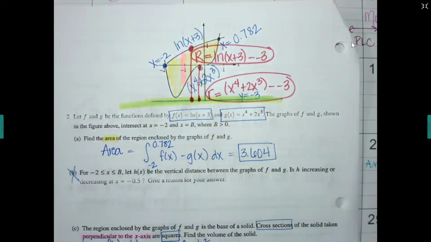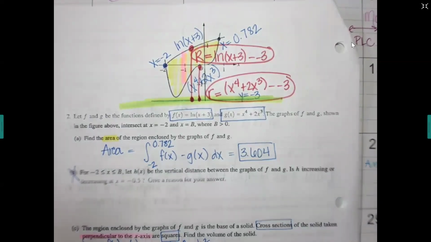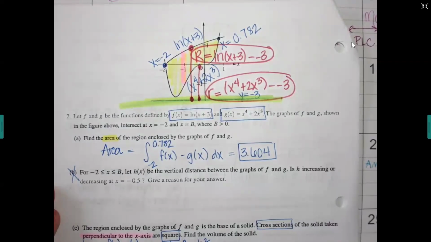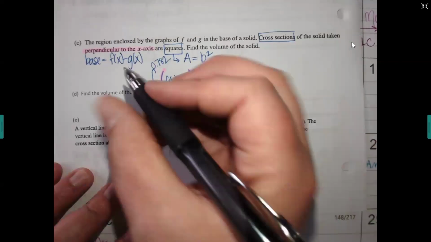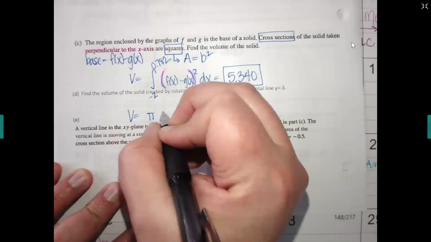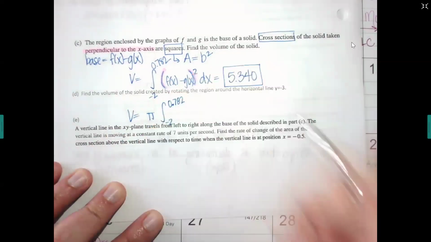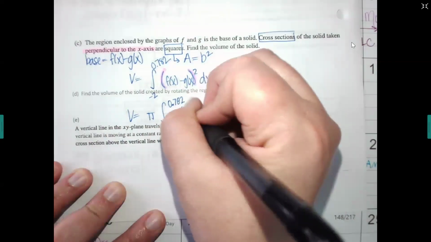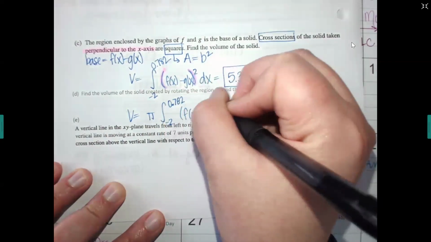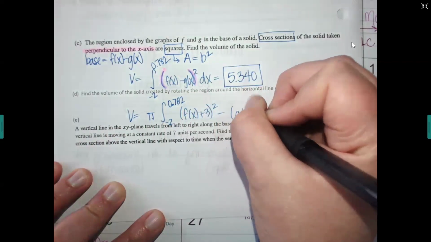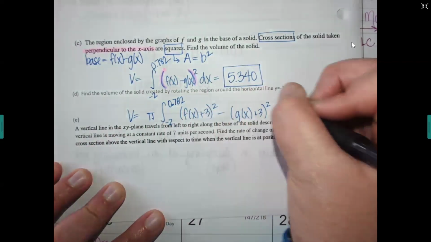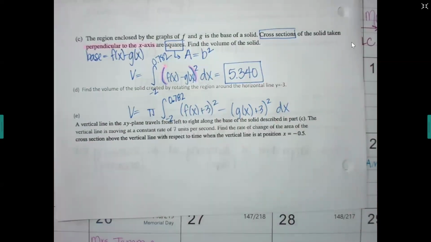Okay, then go ahead and set up your volume equation in part D. Will this one have a pi? Yes, because you're revolving. So it'll be volume equals pi in the front, from -2 to 0.782. And then big R is f of x plus 3 minus little r is g of x plus 3. Okay, remember they should both be grouped on their own with a squared.